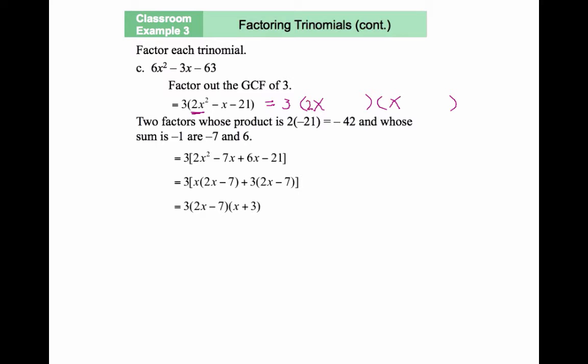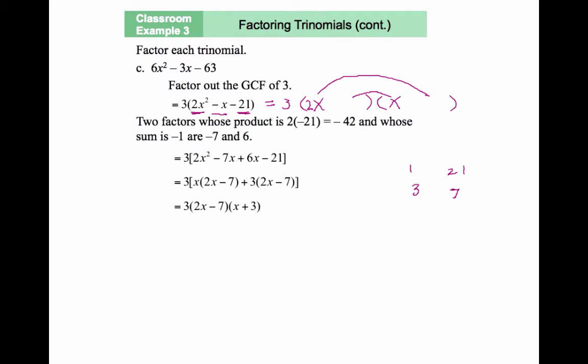And for 2, the only possibility would be 2 and 1. I'm going to put 2 here and 1 here. Then look at the last term, minus 21. The possibilities for 21 would be 1 and 21, 3 and 7. Keep in mind that when you multiply the two inner terms and two outer terms, you want to make minus 1 here.